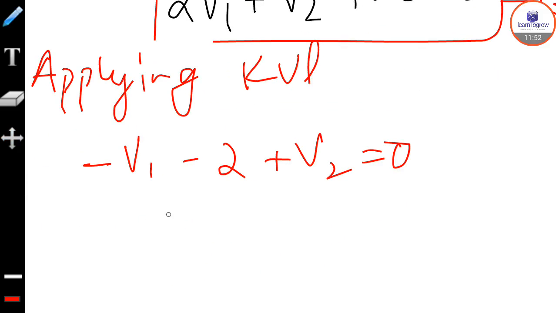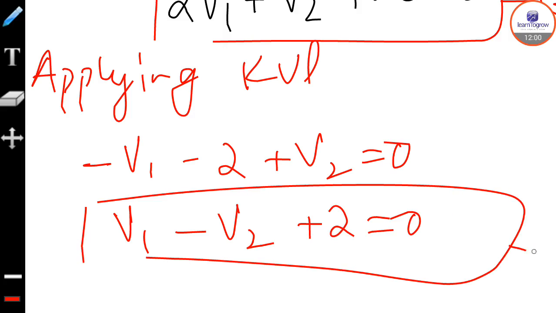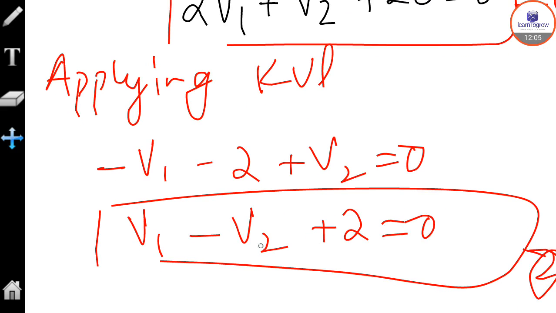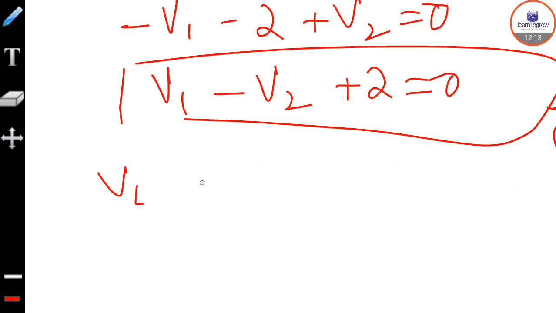Now we will solve this: V1 minus V2 plus 2. We now have our second equation in terms of voltages. We now have both equations in terms of voltages. We can simultaneously solve them. I am taking V1 from this equation.